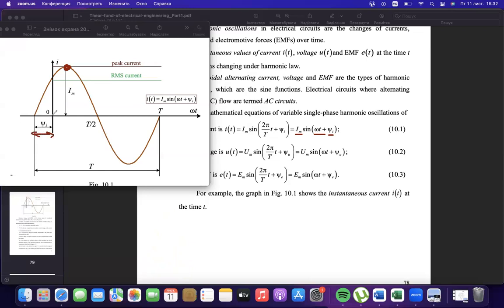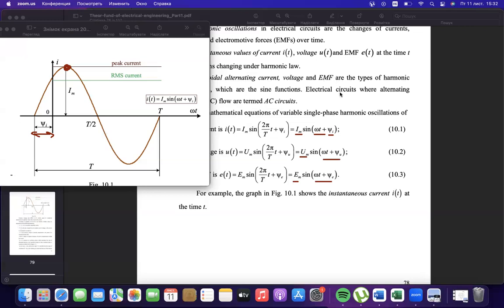A sinusoidal function can start not from 0, but from some initial point, moved from 0 of the coordinate plane. That is why there are 3 main characteristics: amplitude, frequency, and initial angle. The same for voltage, the same for electromotive force.